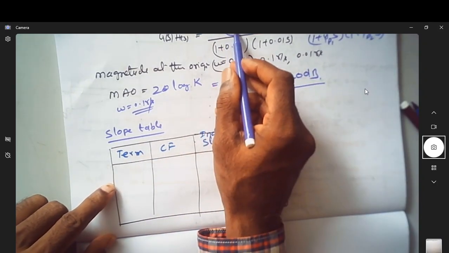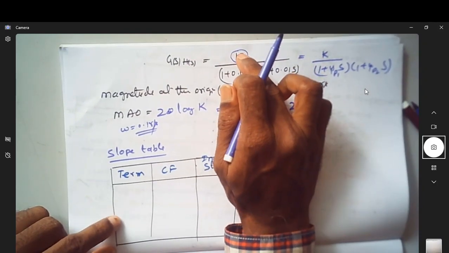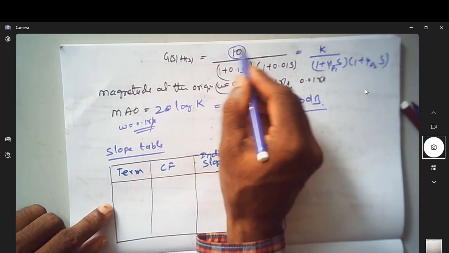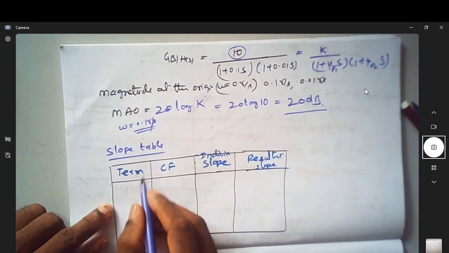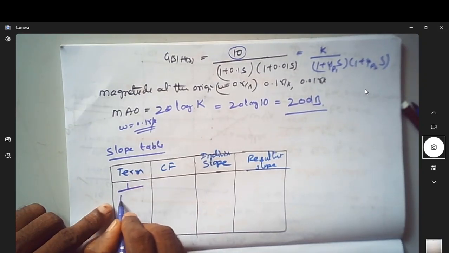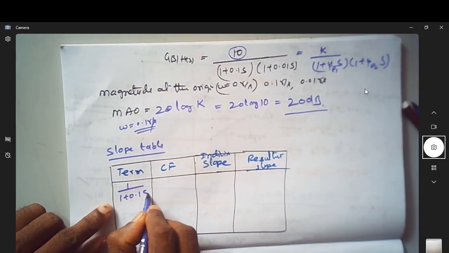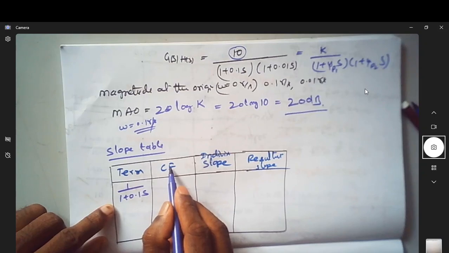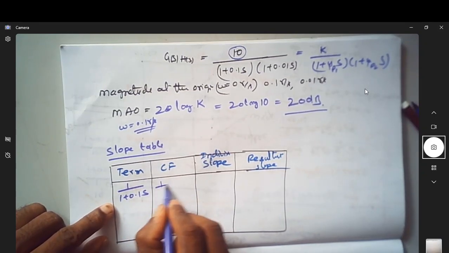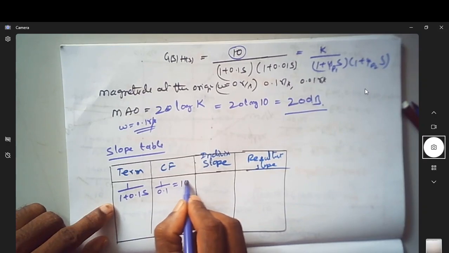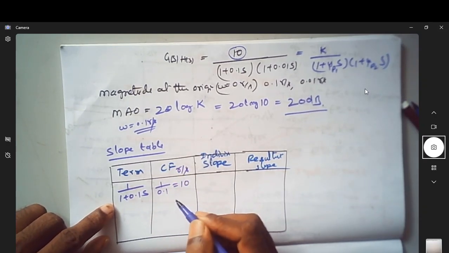So what is the first term? You can just leave out the 10, because that 10 is considered in the magnitude. So it is 1 over 1 plus 0.1 s. The cutoff frequency is 1 over this tau, so it's 1 over 0.1, which is 10 radian per second.